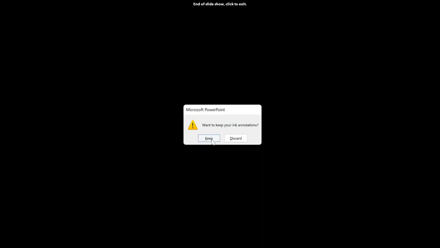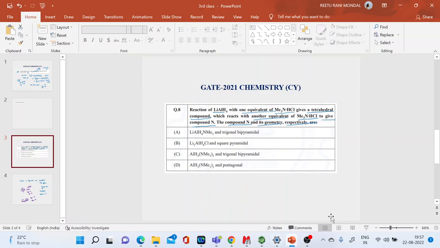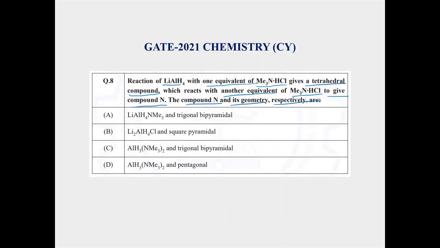Ma'am, here can we say the complex is changing from tetrahedral to either trigonal bipyramidal or pentagonal? If we go from tetrahedral to trigonal bipyramidal, it is non-planar to non-planar. But tetrahedral is not planar, so the energy difference would be very high to go from tetrahedral to pentagonal. Am I right, ma'am?